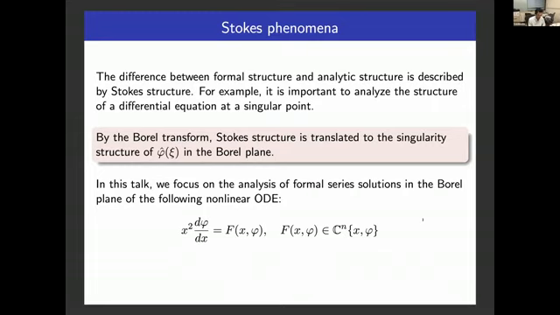I mean, the Borel transform of the formal series solution of the following nonlinear ODE. So we want to analyze the singularity structure of phi hat xi, where phi is the formal series solution of this nonlinear ODE. Yes, this is the main purpose of this talk.